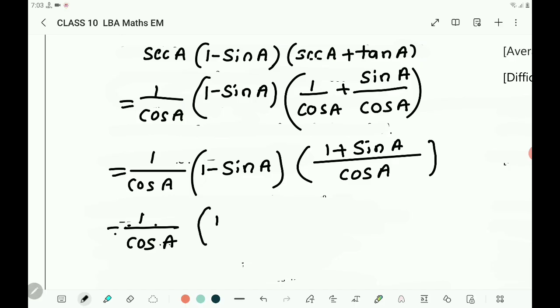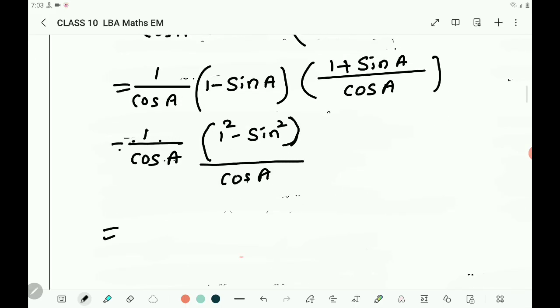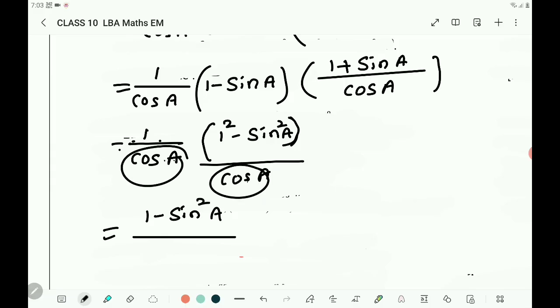That is 1 square minus sin square by cos A. Now you can multiply this denominator and denominator. And 1 into 1 square minus sin square is 1 square minus sin square A, which is also 1 minus sin square A, and cos A into cos A is cos square A.